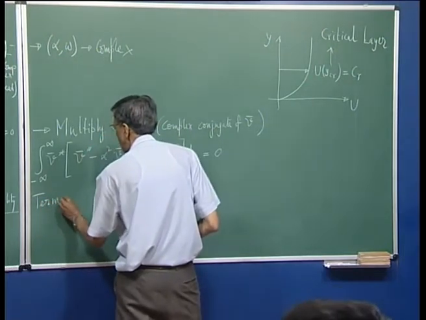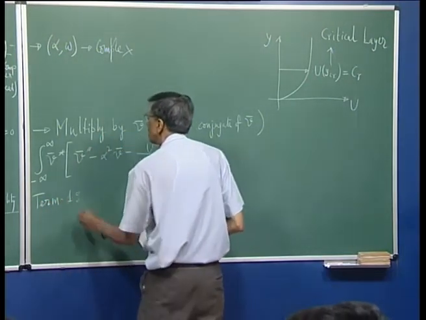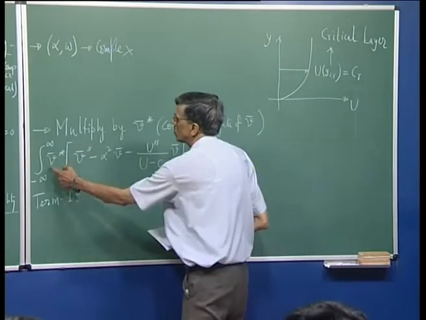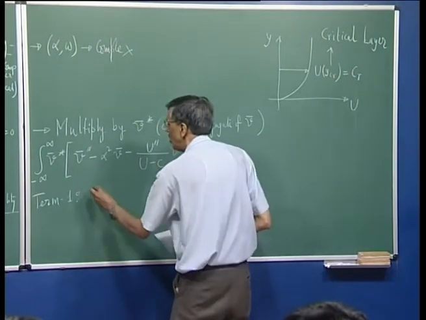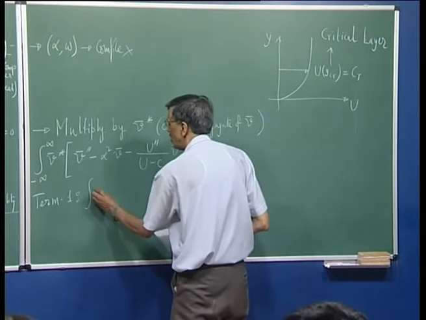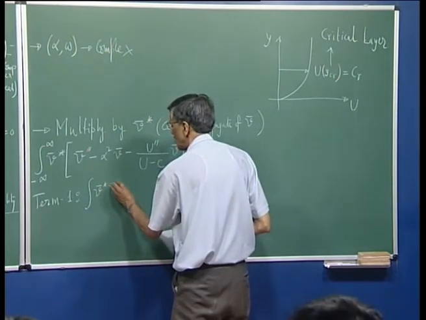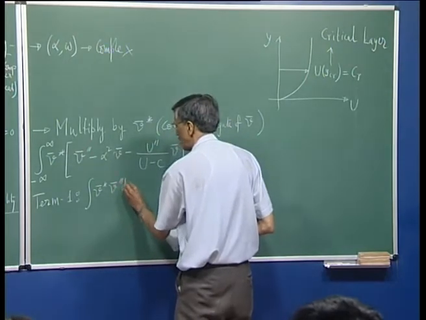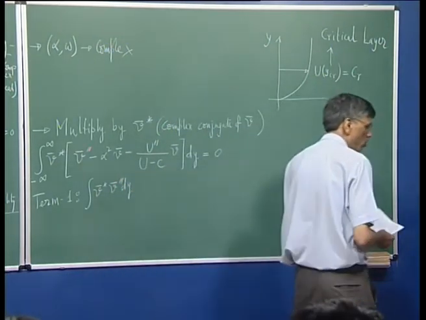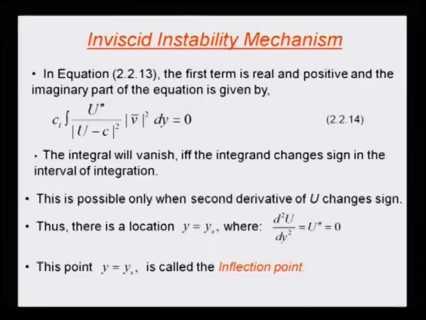So, the first term that I have is this multiplied by this. So, that is basically the integral of, okay. So, if I do, what do I get? I can do it by integration by parts.